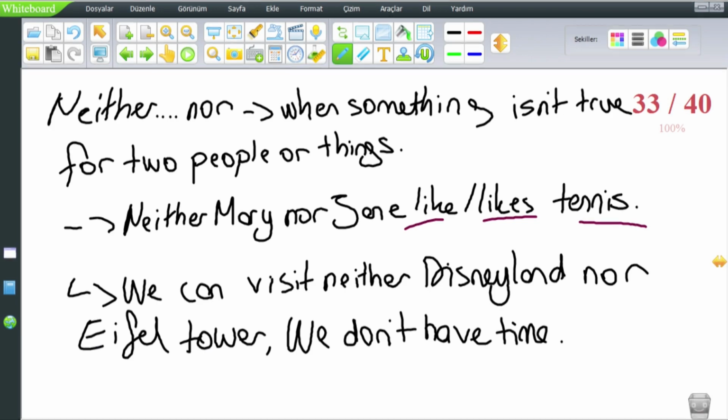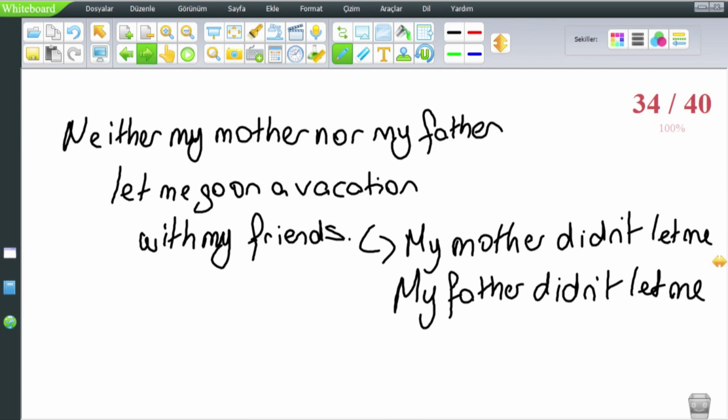It is not true for both of the subjects. We can visit neither Disneyland nor Eiffel Tower. We don't have time. It is negative for both of the actions. Visiting Disneyland, visiting Eiffel Tower.